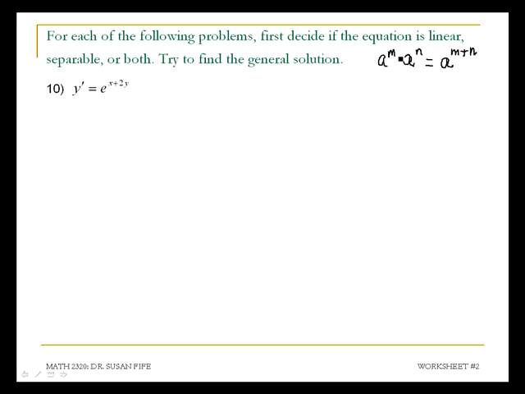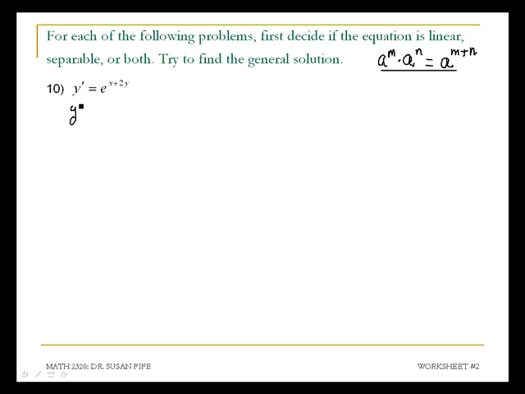A to the m power times a to the n power is equal to a to the m plus n. So what we have over here is something raised to the sum of two powers. You can use the same product rule for exponents to rewrite the equation.